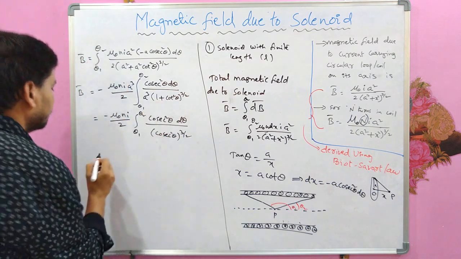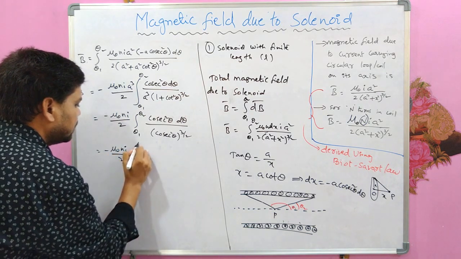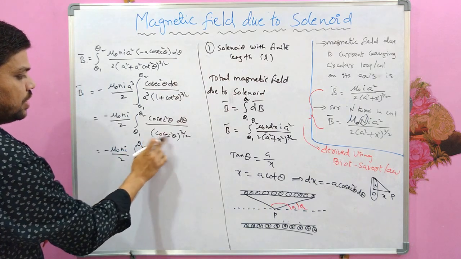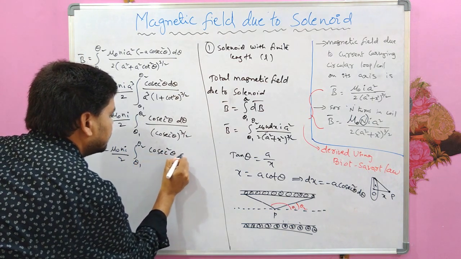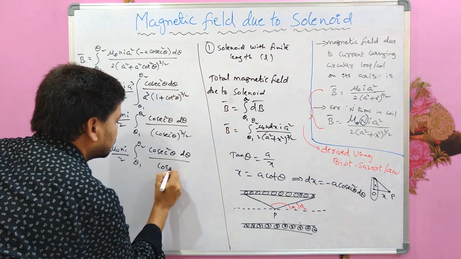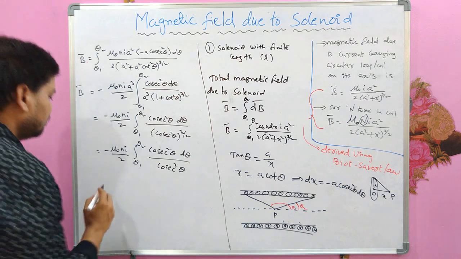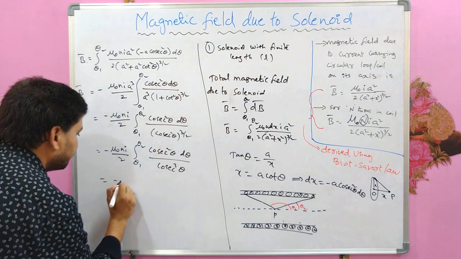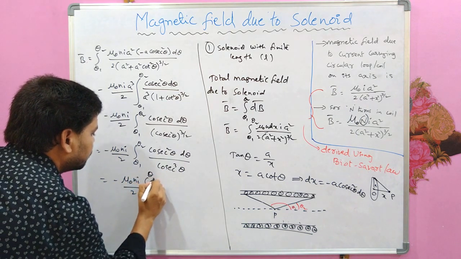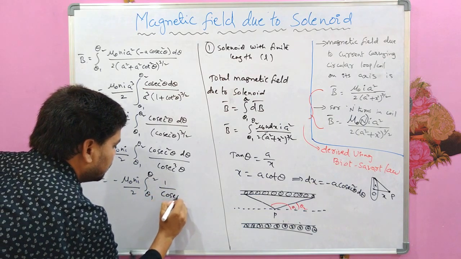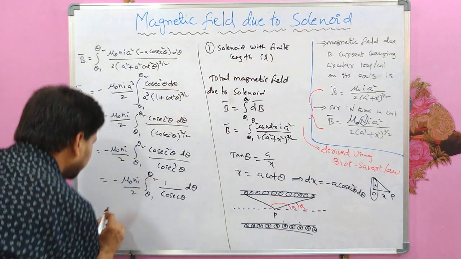So minus mu naught n I by 2, theta 1 to theta 2, this square will cancel with 1 by 2, so you will get cosecant square theta d theta by cosecant cube theta, which means we will get 1 by cosecant theta d theta. 1 by cosecant theta is what?